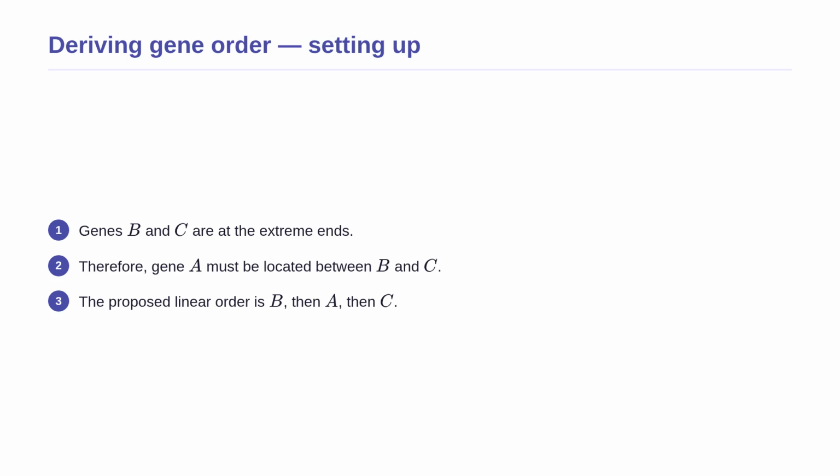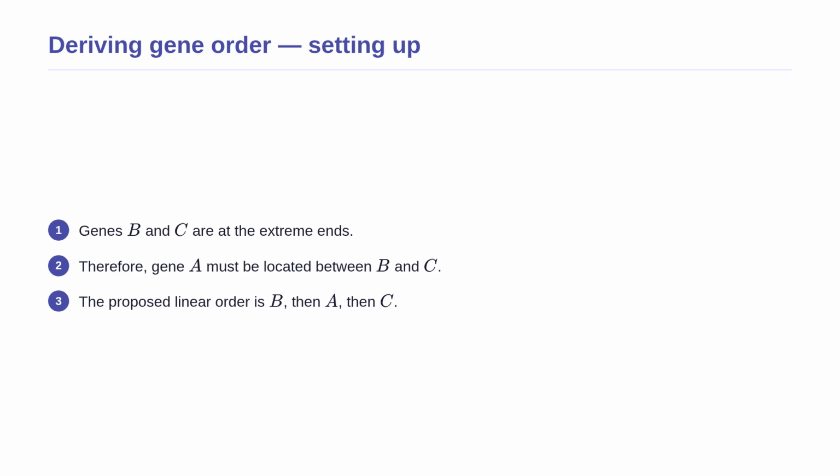Now that we have identified our outer boundaries, we can begin proving the exact linear sequence of all 3 genes. This chunk of our logical proof is setting out to establish the relative position of the middle gene. Because genes B and C form the boundaries of our 15 map unit segment, the remaining gene, which is gene A, cannot be on the outside.